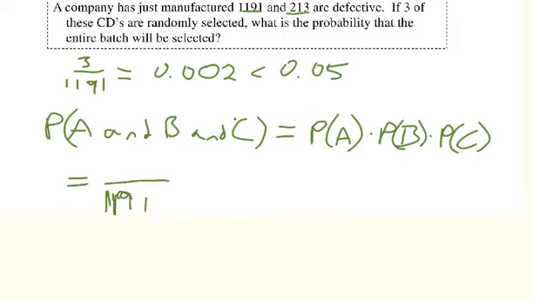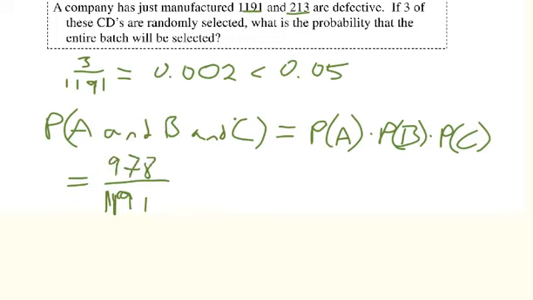Well, if there's 1,191 CDs and 213 are defective, simply subtracting 213 from 1,191, we get that there are 978 that are not defective.